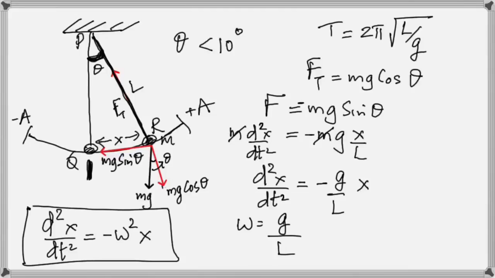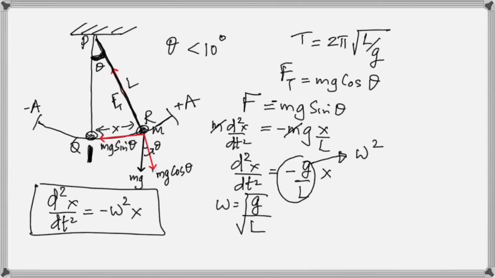This is omega squared, right? Isn't that omega squared? So isn't omega the square root of g by the length? Okay, so we're done.